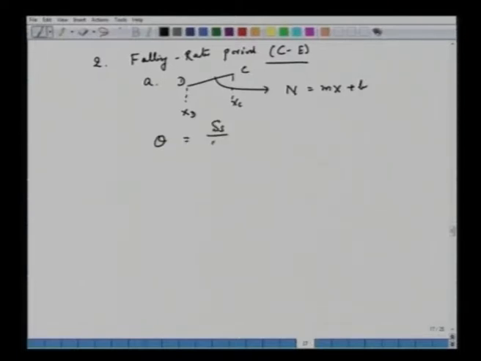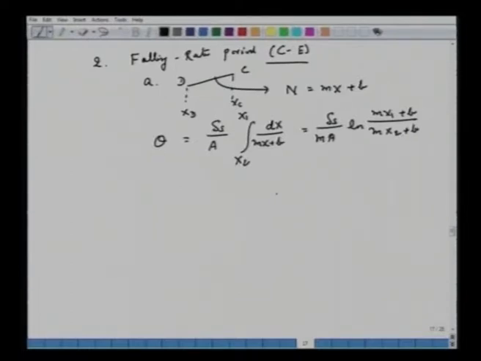Very simple integration. Theta equals SS over A, integral from X2 to X1 of dX over mX plus b, which if you integrate, you will get SS over mA, ln of (mX1 plus b) over (mX2 plus b).